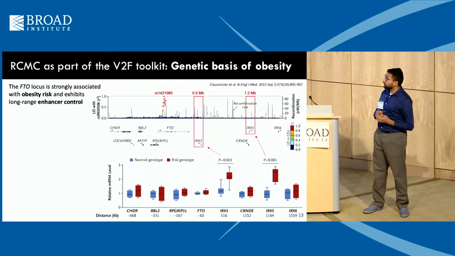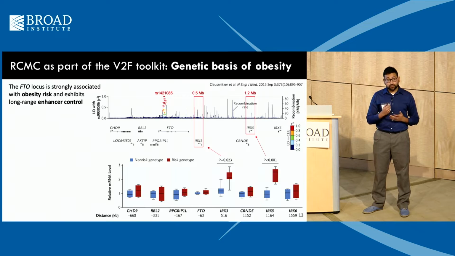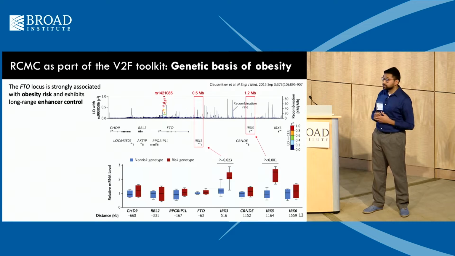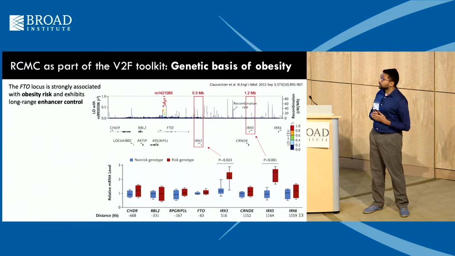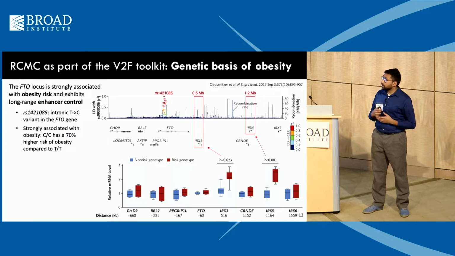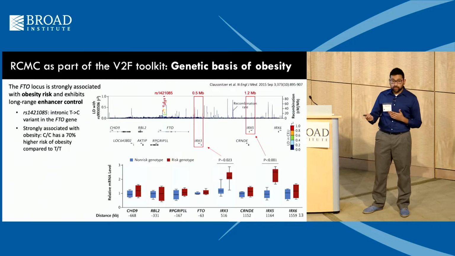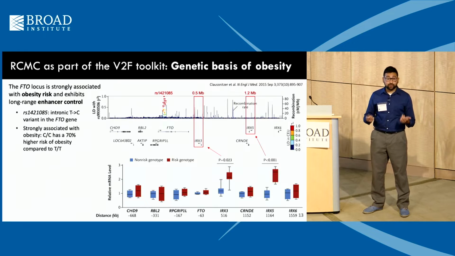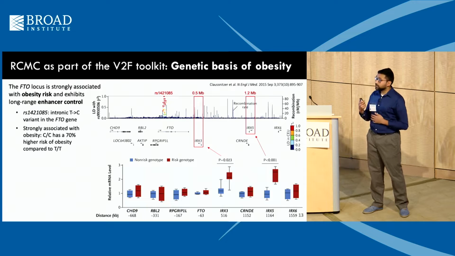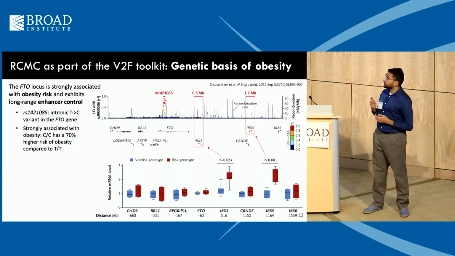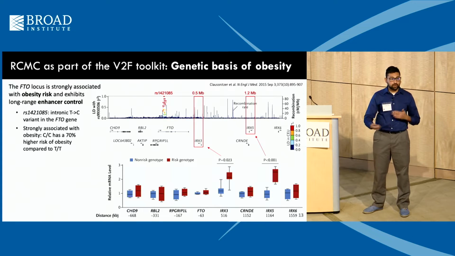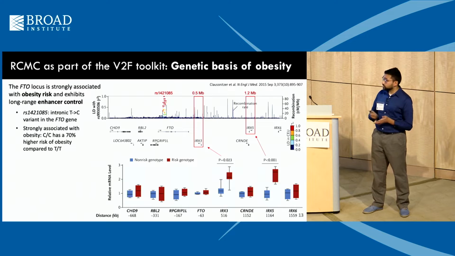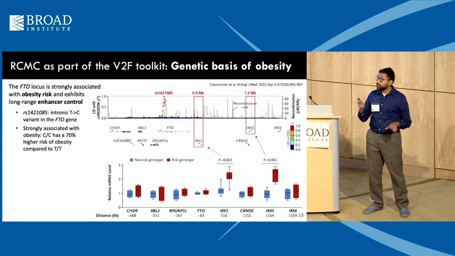I've highlighted those here, IRX3, 500 kb away, and IRX5, 1.2 megabases away from the intron. We know that this intron has a strong association with obesity, relating to a 70% increase in obesity risk. We also know that it has some sort of expression correlation, in that having the variant has some impact on IRX3 and IRX5 expression.